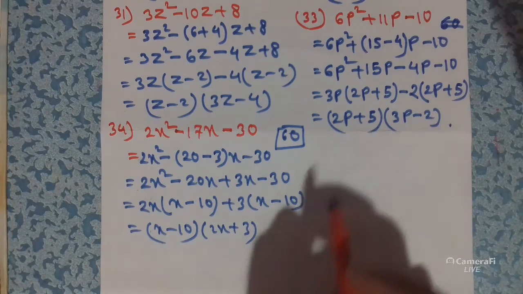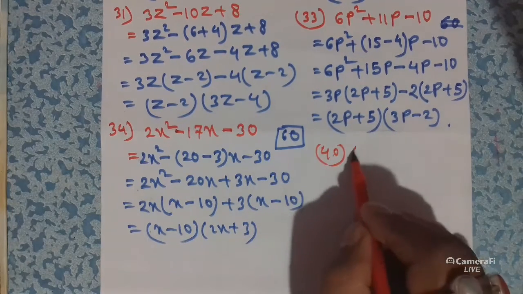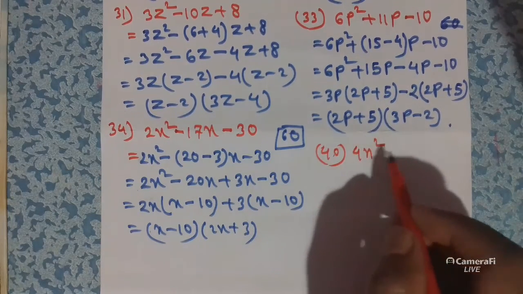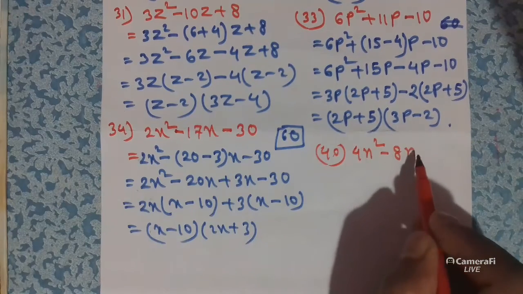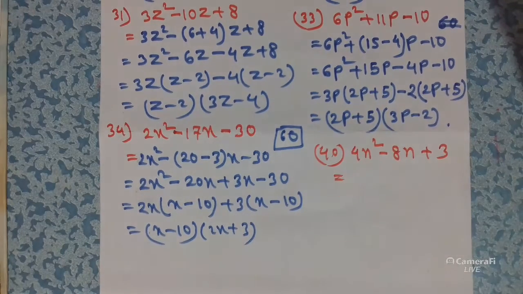Next problem. Problem number 40. 4n square minus 8n plus 3. If we multiply 4 and 3, it will be 12. Now we have to choose two numbers.